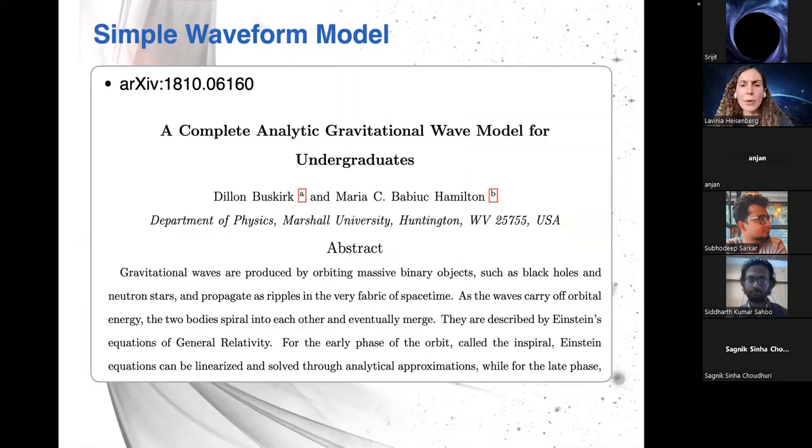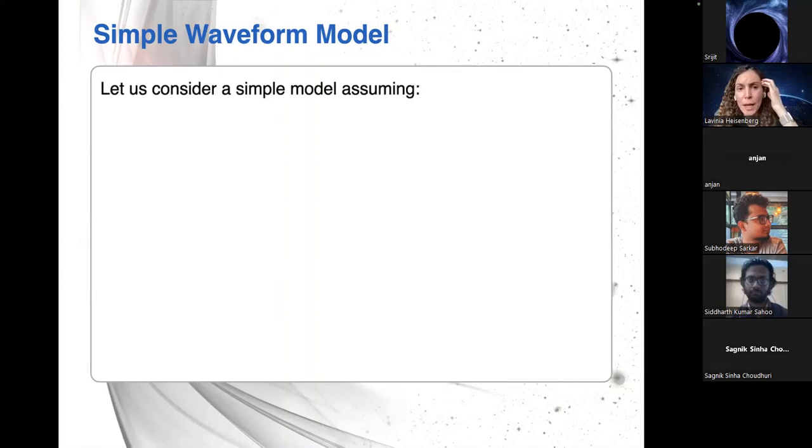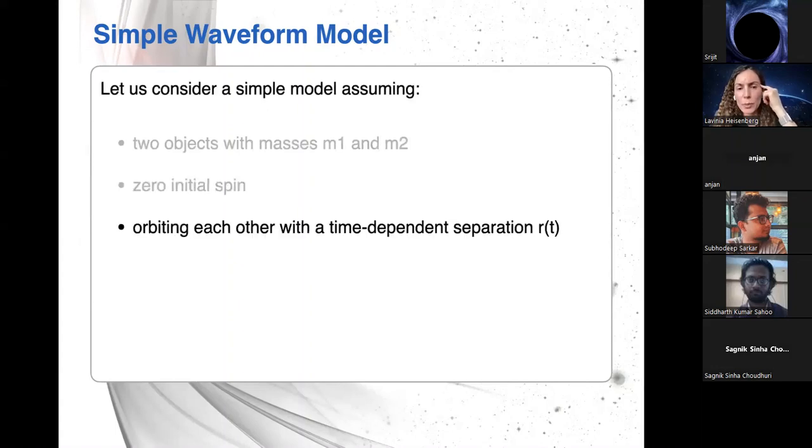Okay, so I am here showing you a very simple waveform model. This is a completely analytical gravitational waveform model, actually for undergraduates, which is very nice. So you can take this and play with this waveform model. We assume that there are two objects with masses m1 and m2, with zero initial spin.